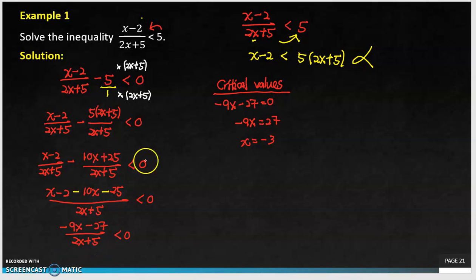Whereas for 2x plus 5, 2x plus 5 equals 0, 2x equals negative 5, x will become negative 5 over 2. Negative 5 over 2 actually is negative 2.5.